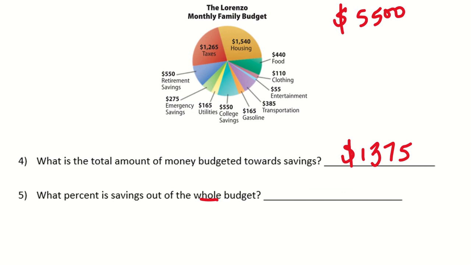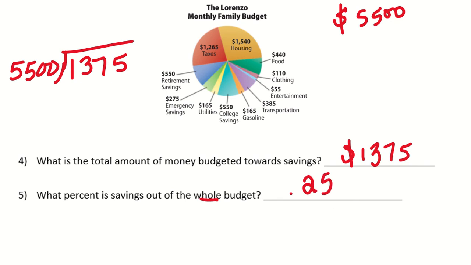So remember that division: 1375 divided by 5,500 gives 0.25. The decimal changes to 25%, and that's our answer. Savings makes up 25% of the whole budget.